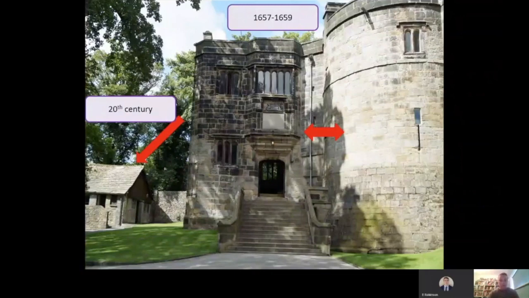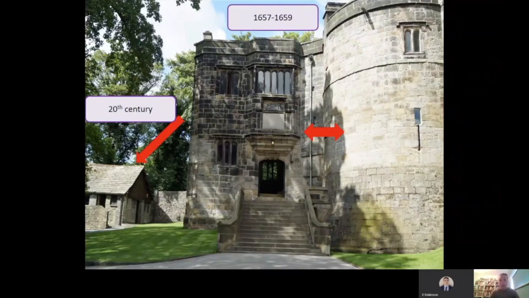But originally, you see where the little shed is, where it says 20th century, which I'll tell you about in a minute. That's the way you would have entered the castle. And the reason for that is because that's where the kind of first bit of settlement was for Skipton Castle. But as Skipton developed and it actually moved around the other side of the castle to where the gatehouse is now, they changed the entrance.